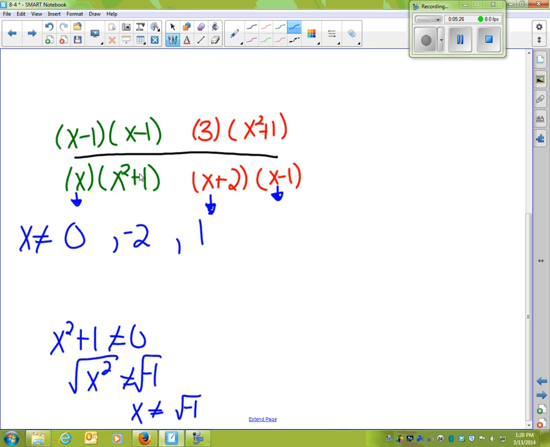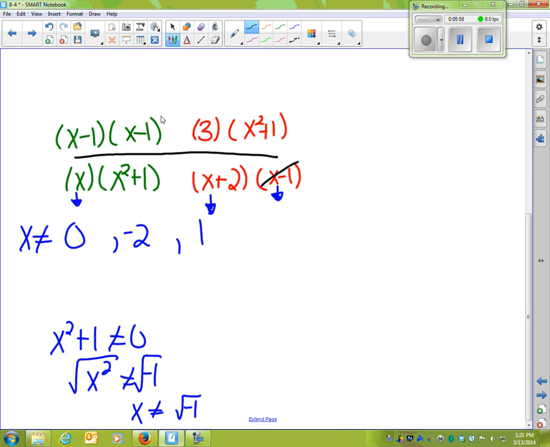So I also need to pay attention to the original denominator I had before I took the reciprocal. That's the 3 times x squared plus 1. Again, I have the x squared plus 1, which I already solved below to come up with the imaginary. So my original denominator does not give me any restrictions. My last step is that I can simplify anything possible.